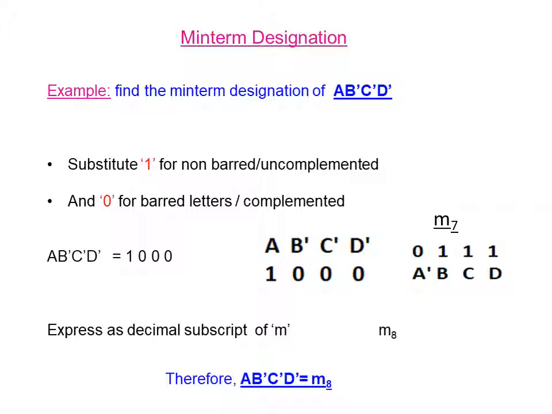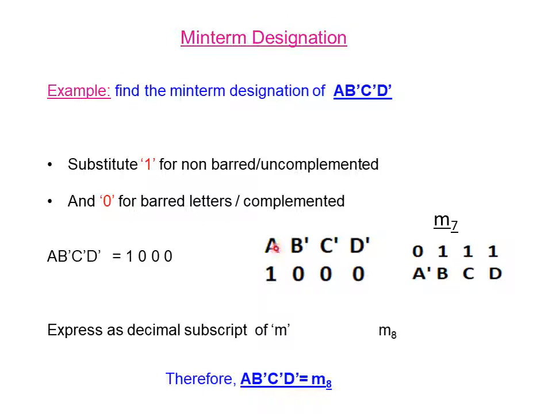Now let's see how to represent the min terms. For example, A, B dash, C dash and D dash. How are we going to write it in terms of binaries? For this min term, we have to write 1 for the uncomplemented form and 0 for the complemented terms.